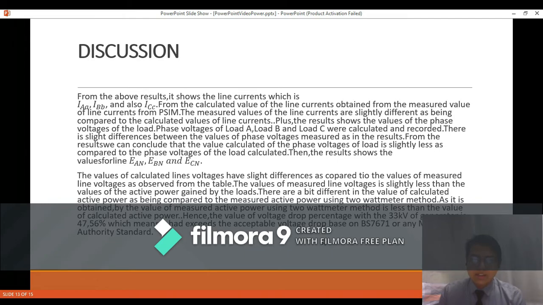Hence, the voltage drop percentage with the 33 kilovolt generator is 47.56%, which means it has exceeded the acceptable voltage drop based on BS 7671 or any Malaysian authority standard.